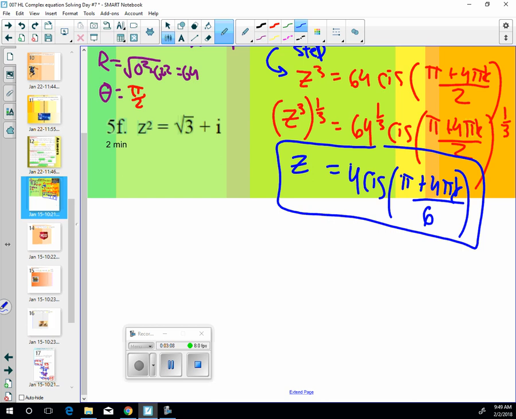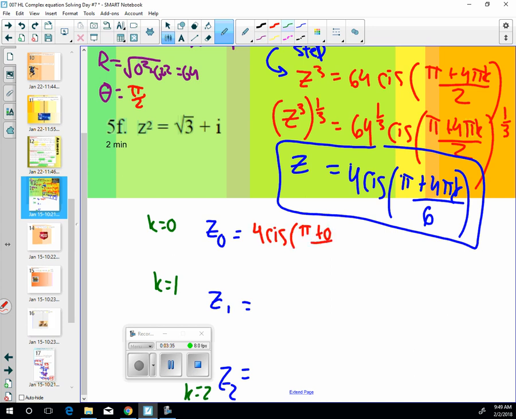We're going to look at z0, z1, and z2. And this is where k equals 0, k equals 1, k equals 2. And then you just plug them in. 4 cis of (pi plus 0) over 6, which is 4 cis pi over 6.